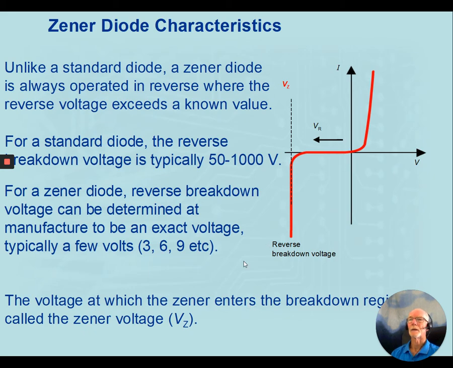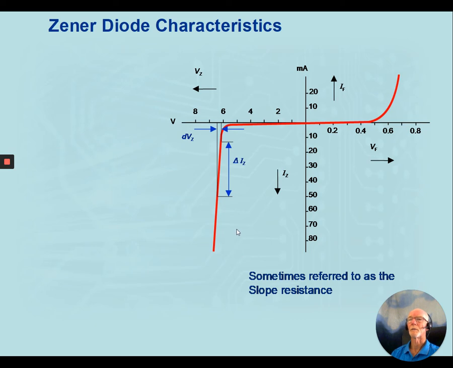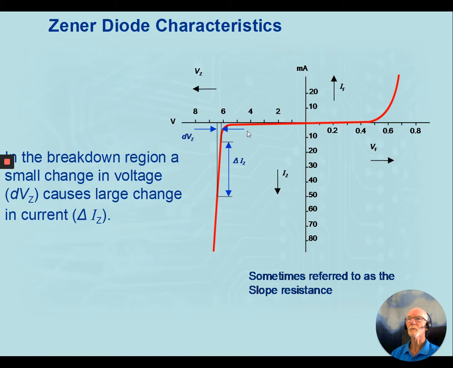Where a Zener diode differs markedly from a standard diode is the breakdown region. In a Zener diode, once you get into the breakdown region, instead of it totally just breaking down and being destroyed, there is a small area where the reverse voltage can increase and decrease, and our diode will actually survive that breakdown point.